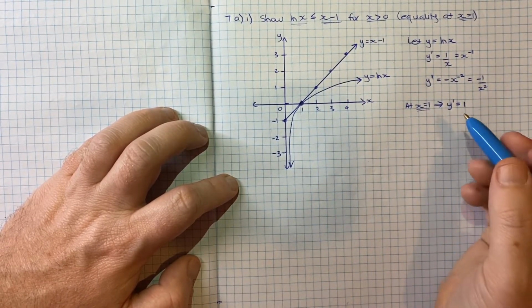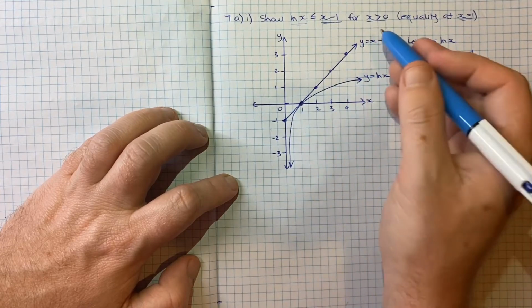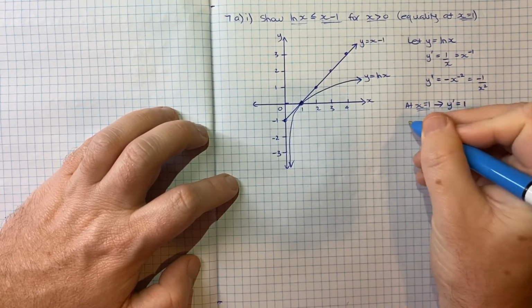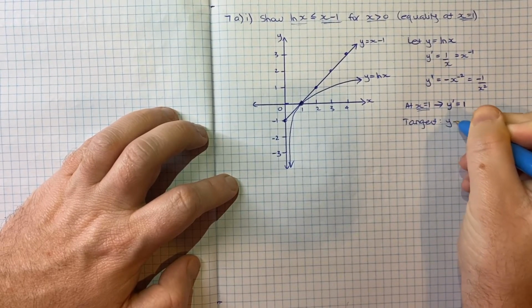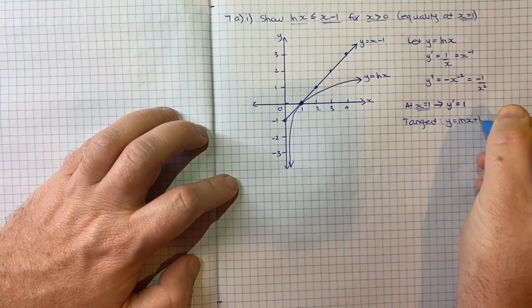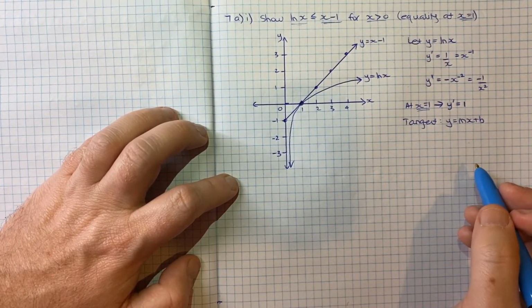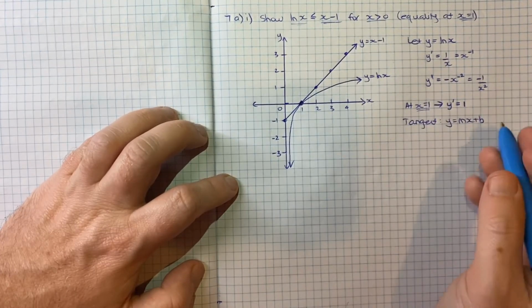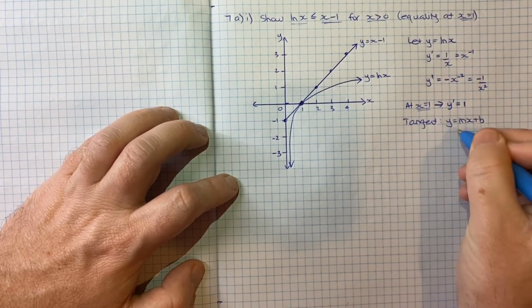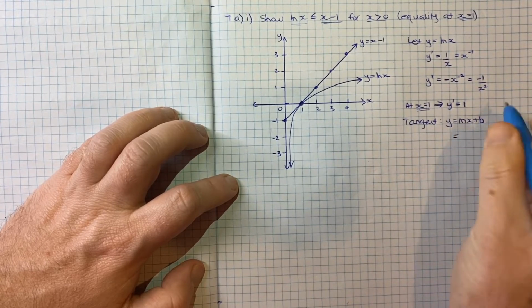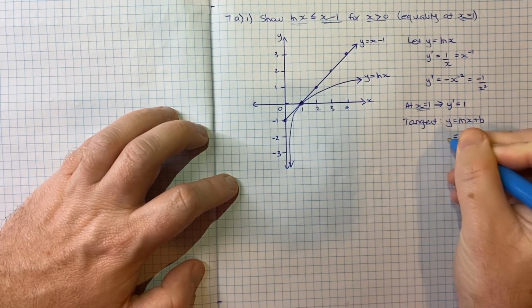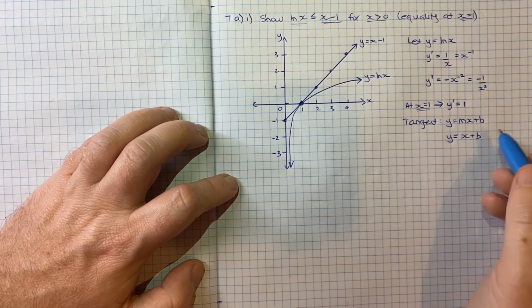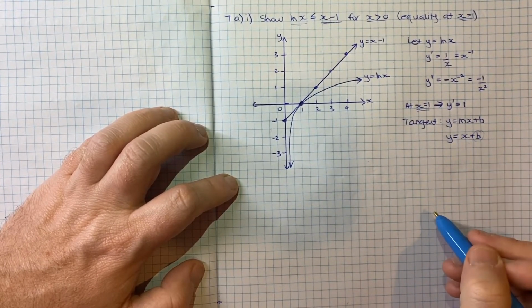So we know that the tangent will be a straight line. The tangent will follow the format y is equal to mx plus b. That's the general form of straight lines, but in our case, because we know the gradient of the tangent at x is equal to 1, it will be x plus b, simply. y is equal to x plus b. So really we just need to find this b.